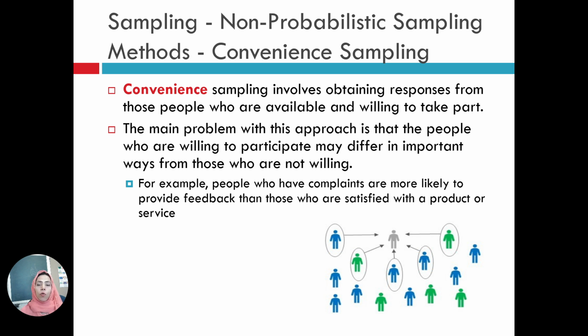That is, the people whom I don't know or who are not easily available, they have a zero chance of becoming part of my survey, and hence it has biases in it, or maybe they have a different way of answering those questions that I am asking.